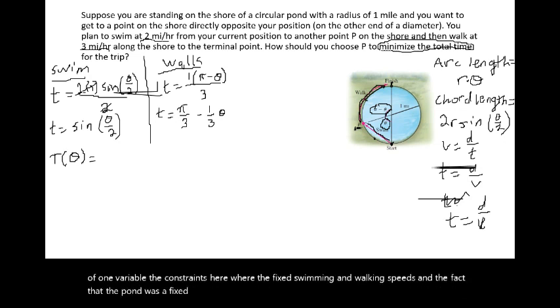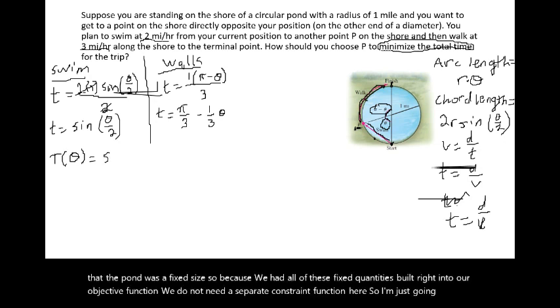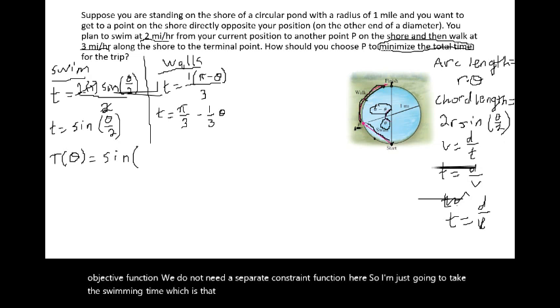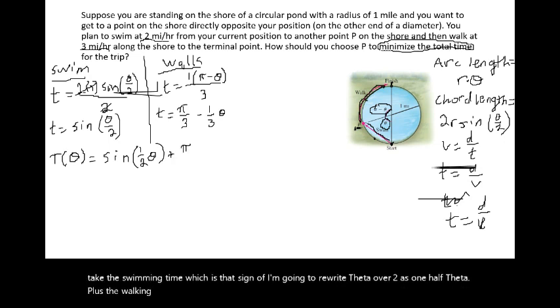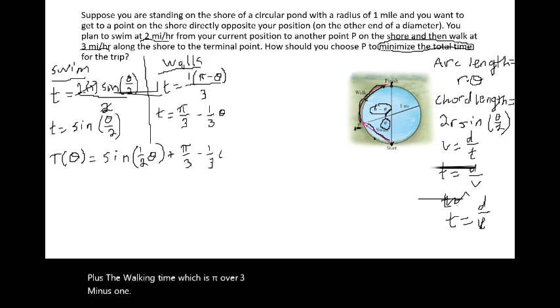So because we had all of these fixed quantities built right into our objective function, we do not need a separate constraint function here. So I'm just going to take the swimming time, which is sine of, I'm going to rewrite theta over 2 as 1/2 theta, plus the walking time, which is pi over 3 minus 1/3 theta.